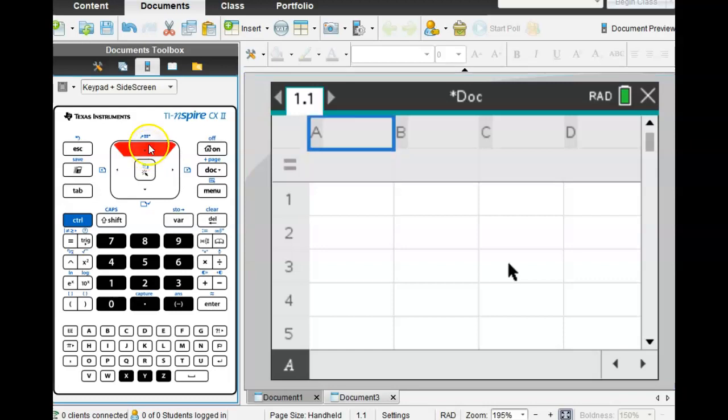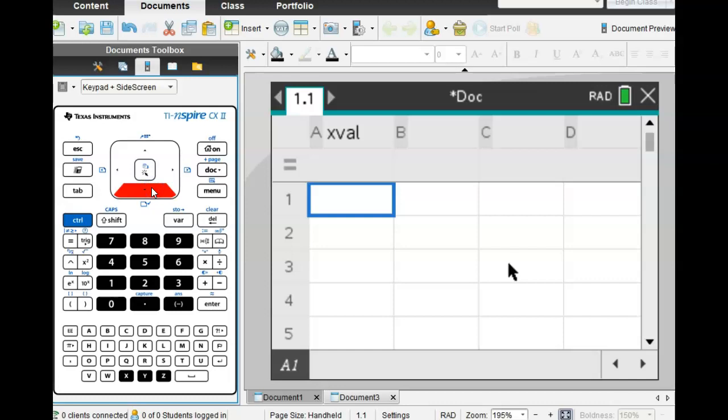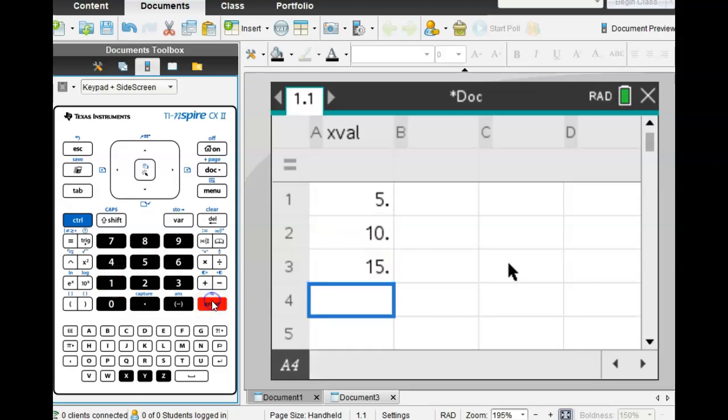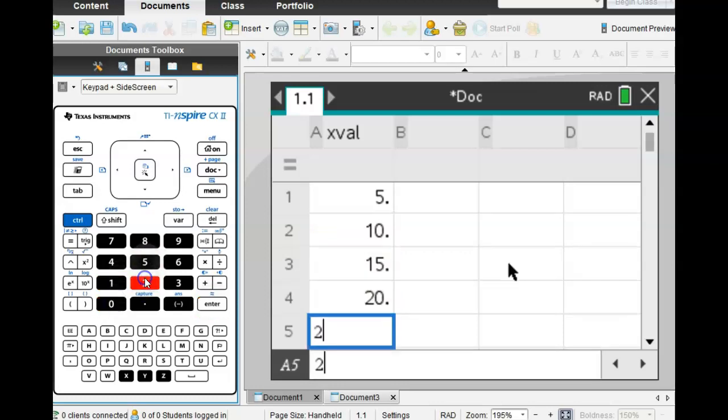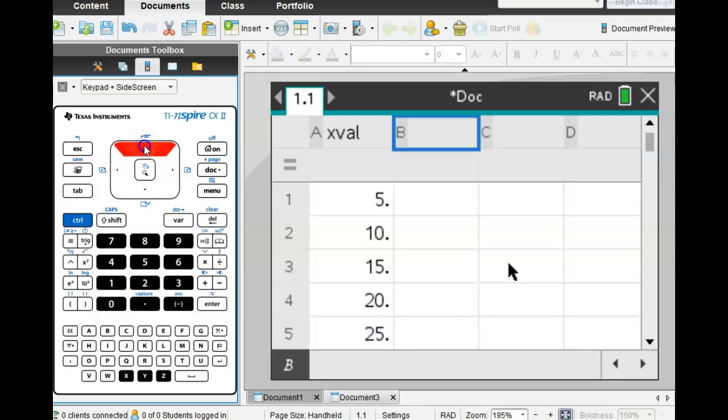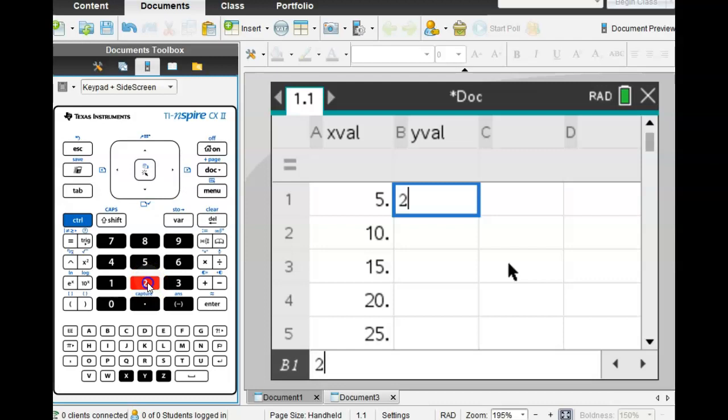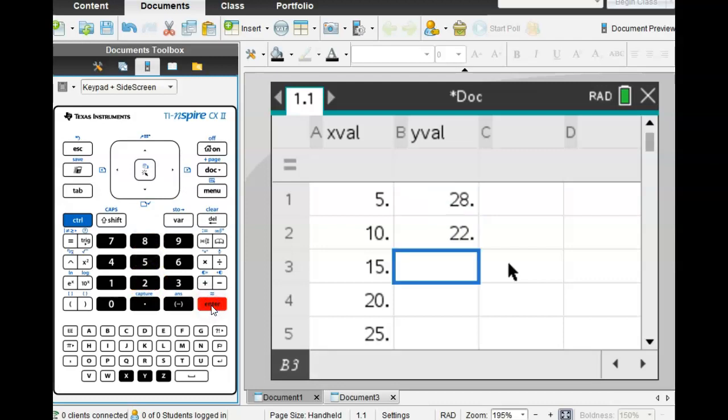Otherwise, I'm just going to let you do it. Once you find it, go ahead and write it down.